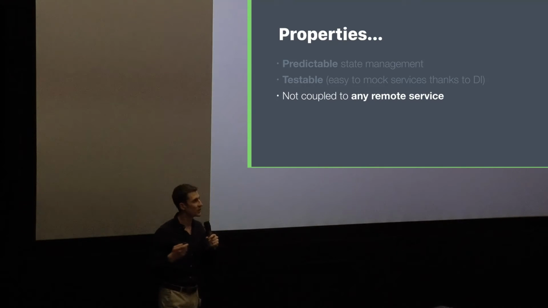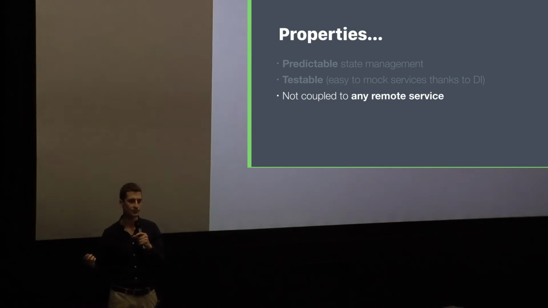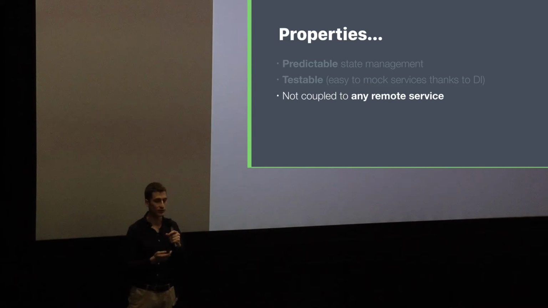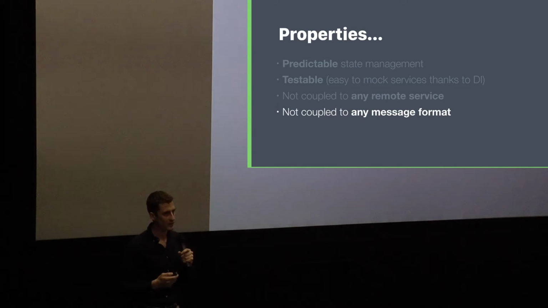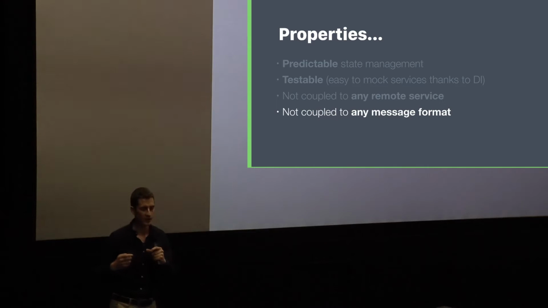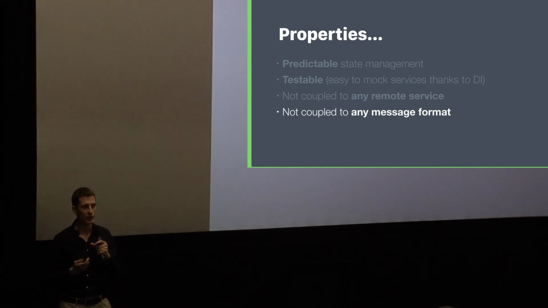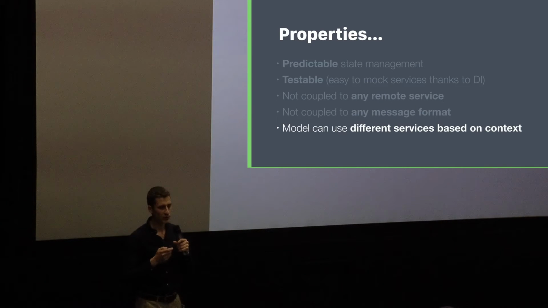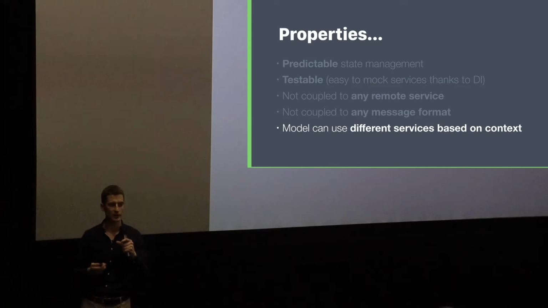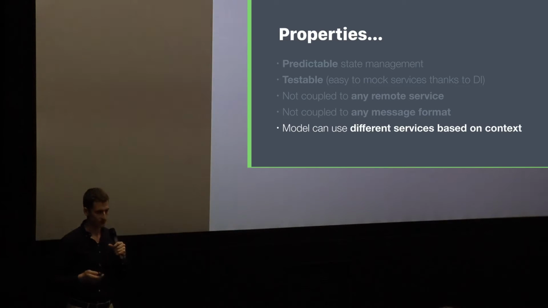So we can easily implement it for another asynchronous service and just include it into the application. We haven't coupled to any message format, because the asynchronous services are responsible for mapping our actions to remote commands.